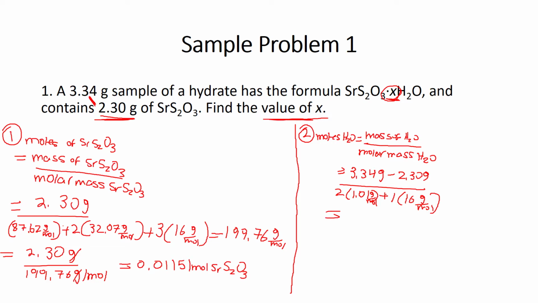Next, 3.34 grams minus 2.30 grams gives you 1.04 grams.